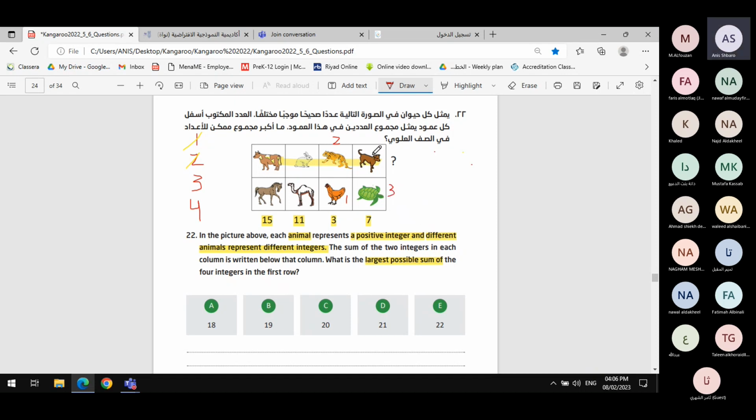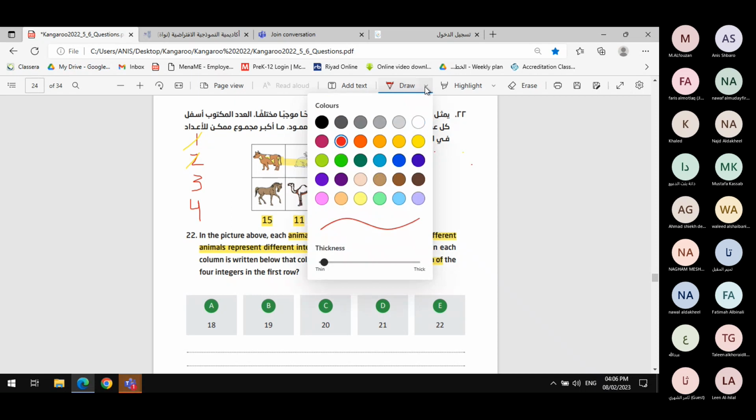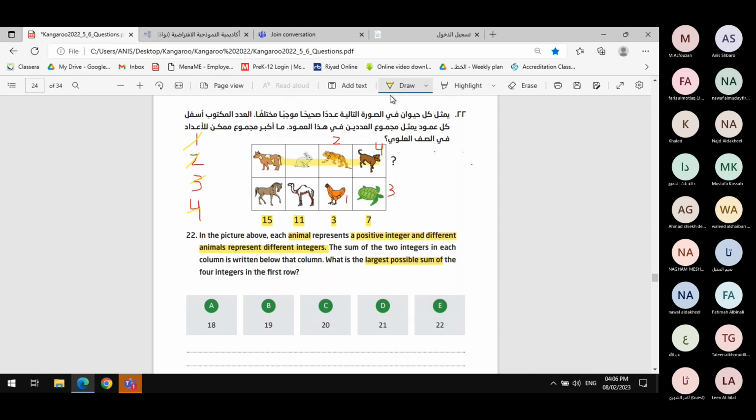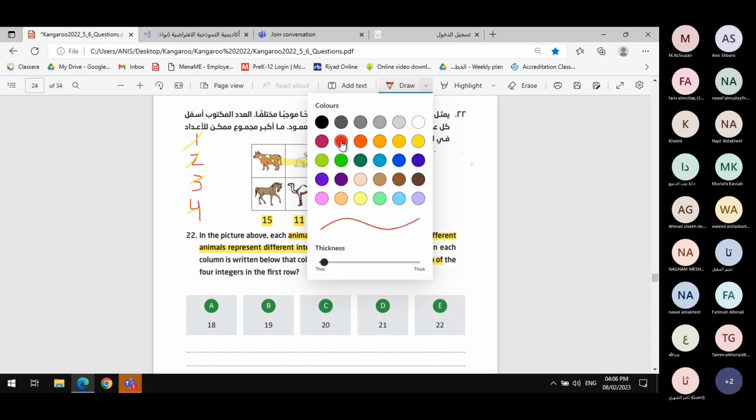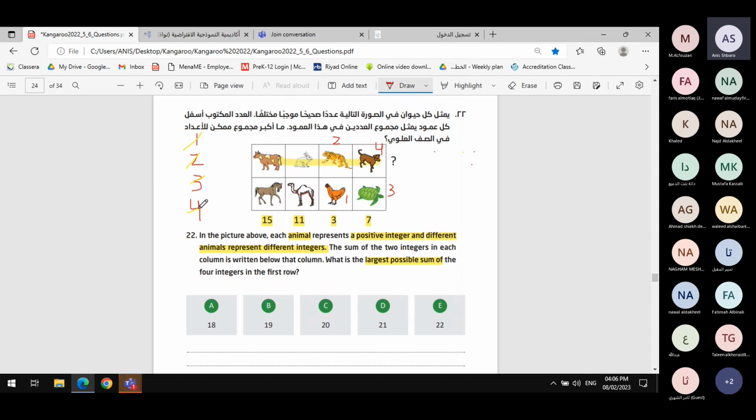So the dog will take which number? If the turtle is 3, Walid, the dog is 4. Great. So let me cross it out. Now 1, 2, 3, 4, we are done with them. We're going to write the rest of the numbers, 5, 6, 7, 8. I don't think we're going to use them all, or maybe we're going to use them all. Let's see.